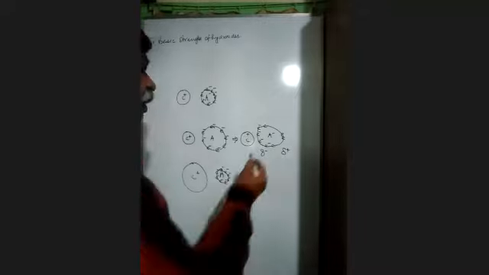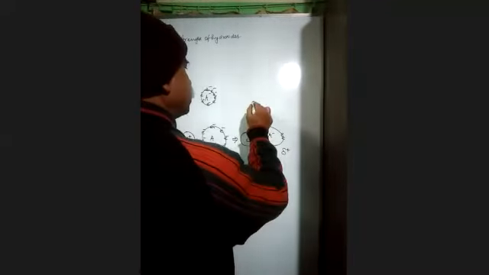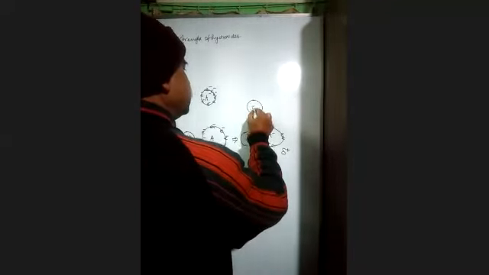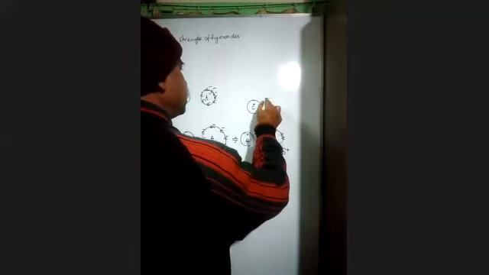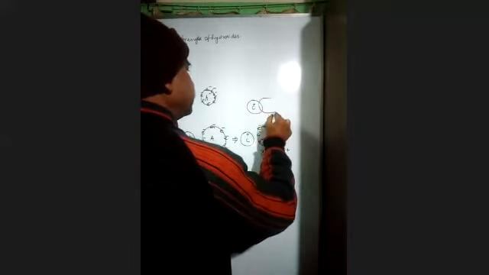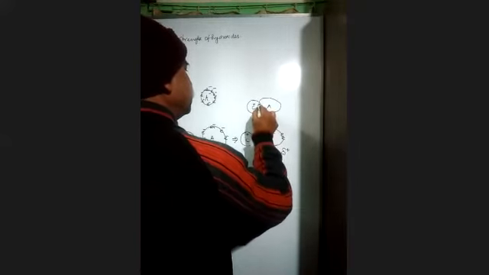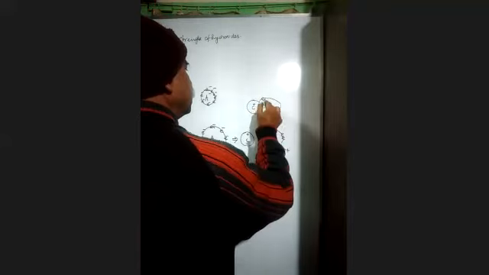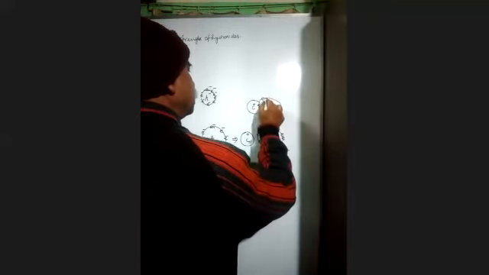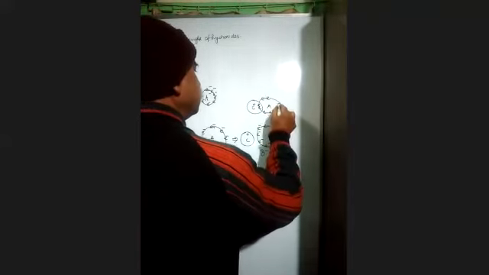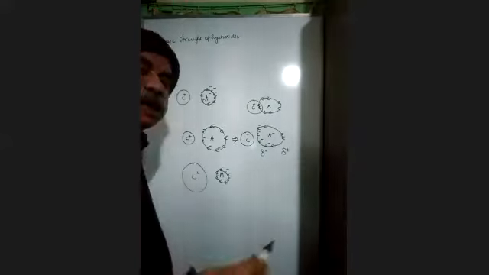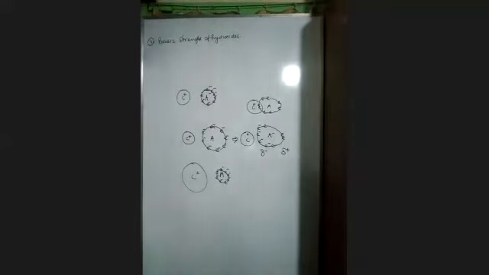Now, as more and more attraction is there, what is going to happen here? This electron cloud will penetrate the empty shell of the cation. Overlap of the valence shells has taken place.